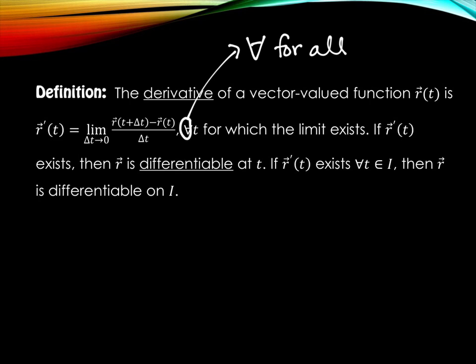And so for all t for which the limit exists, if r prime of t exists, then r is differentiable at t. If r prime of t exists for all t in some interval, then r is differentiable on the interval. Okay, this is a combination of the vector things we've been doing and derivative definitions we've seen before. There were two definitions of derivatives that had this form when we did them in Calc 1.